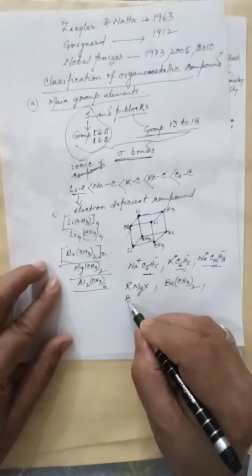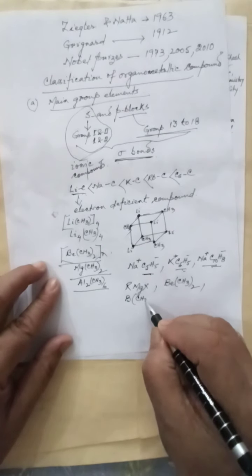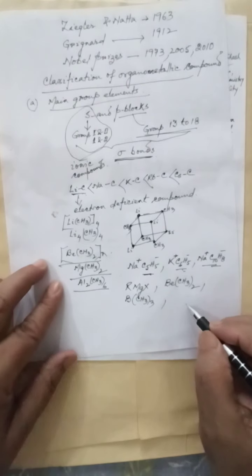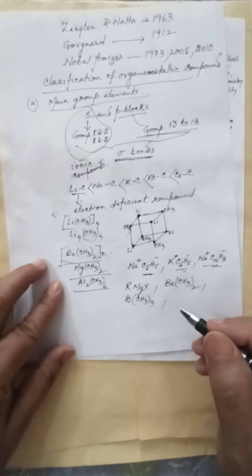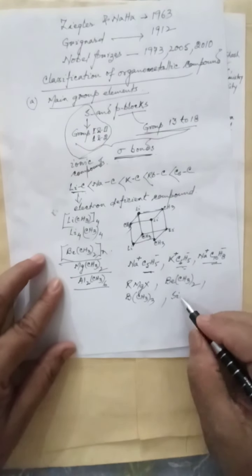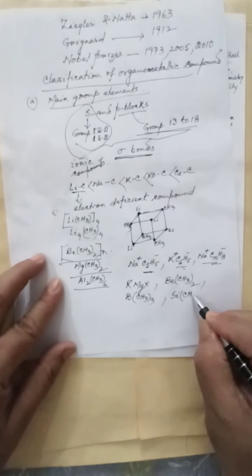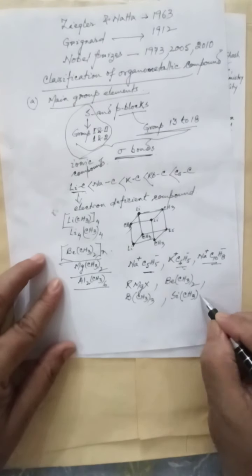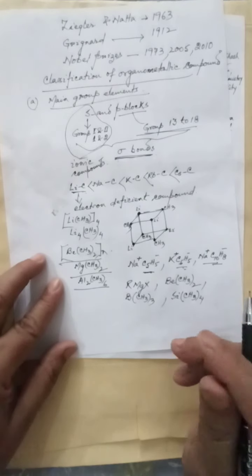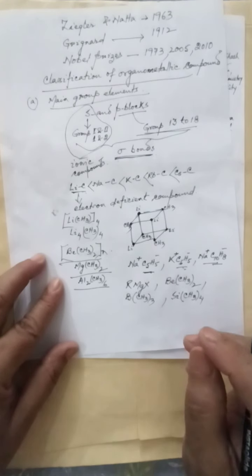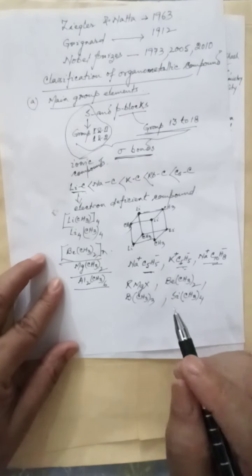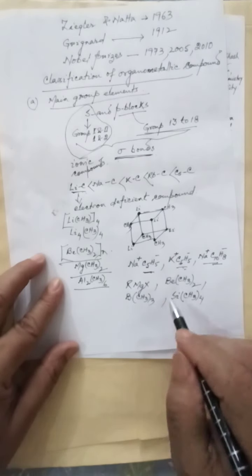Then boron also has B(CH3)3, arsenic, which I had already discussed. Then silicon also has organometallic compounds. Tetraethyl lead I discussed earlier, and the tin compounds. So this is all about the organometallic compounds of main group elements, just an idea about that.